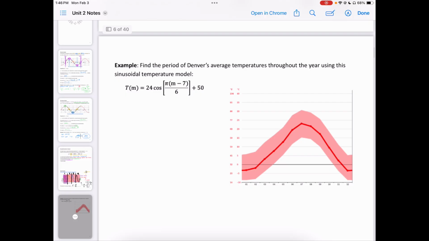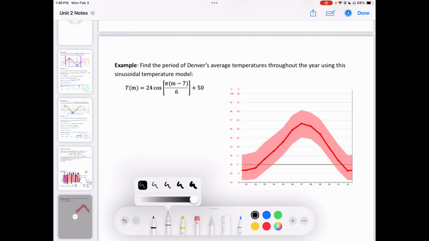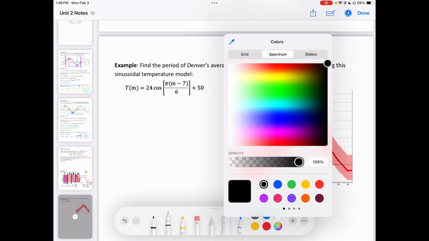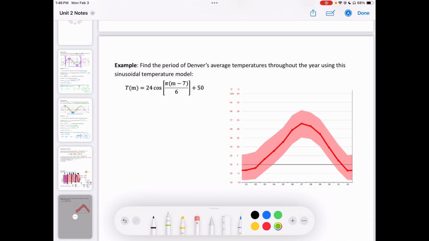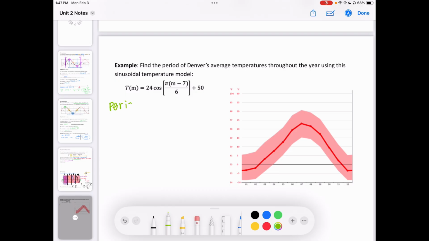All right. Find the period of Denver's average temperature throughout the year using this sinusoidal temperature model. We have 24 cosine of pi times (m minus 7) over 6, all plus 50. The period, as a reminder, is going to be 2 pi divided by b.